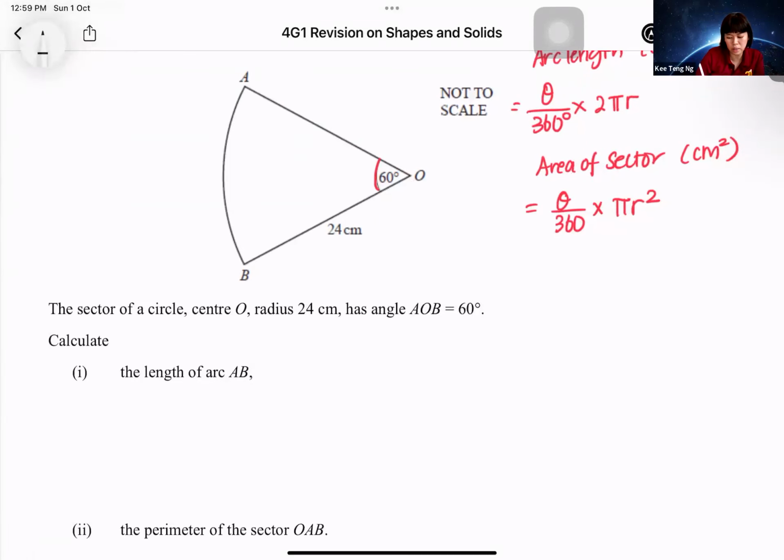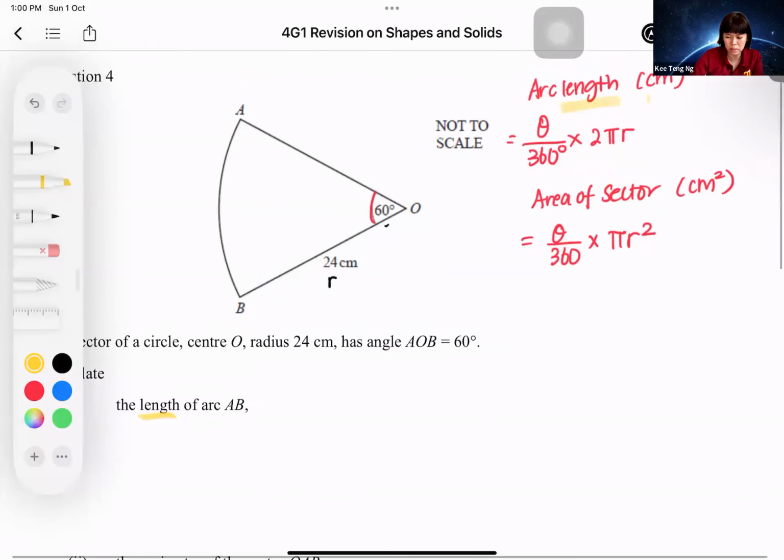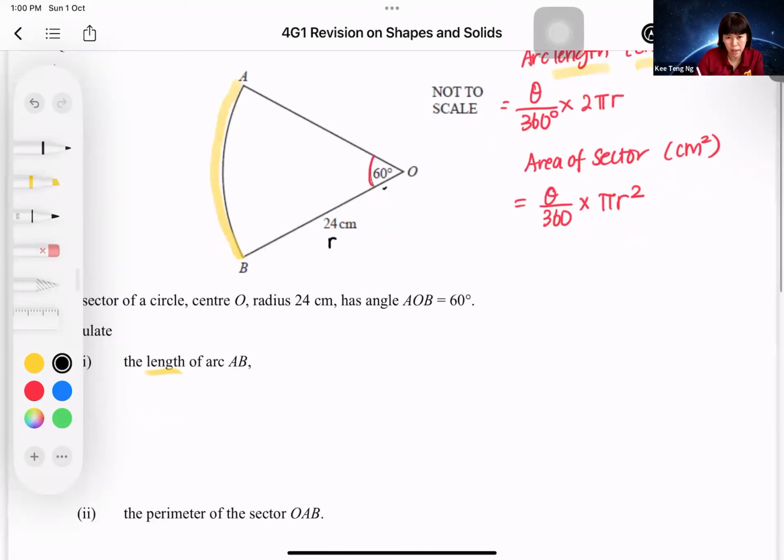We have the radius is 24, the angle theta is 60. So to find the arc length, length is in cm, so it's just this portion over here. So that will be using the formula. The angle given to me is 60 over 360 times 2 pi r, where r is the radius.